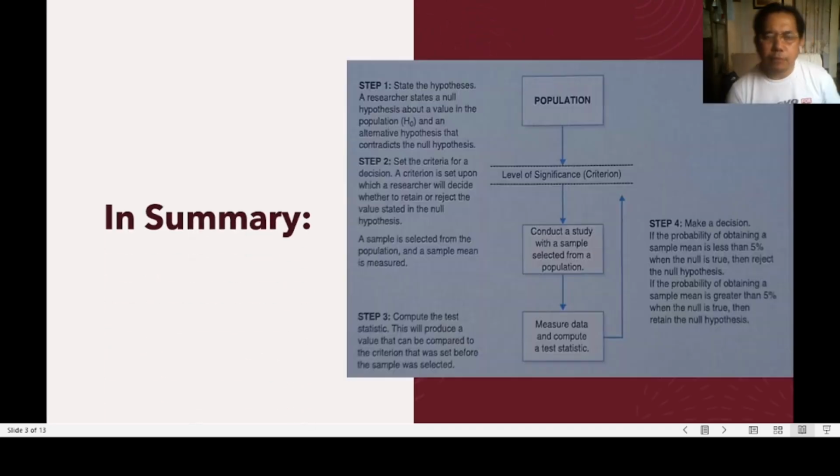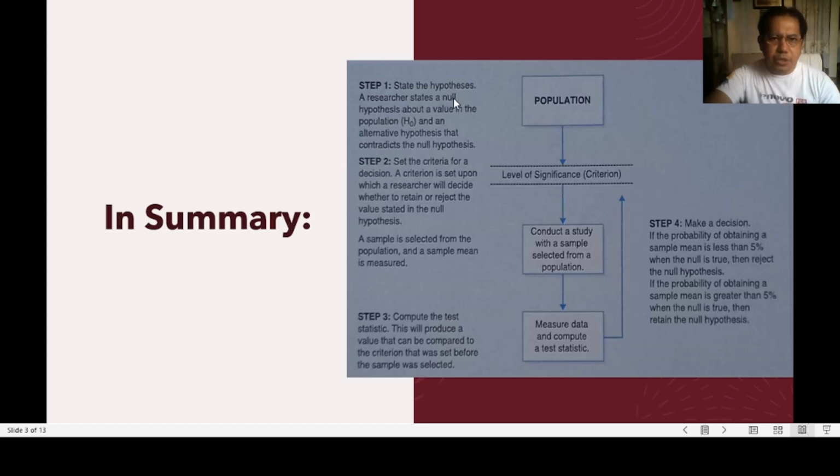Now, in summary of hypothesis testing, when we are going to make an inquiry regarding the hypothesis, we have at least four steps. In step number one, we have the statement of the hypothesis.